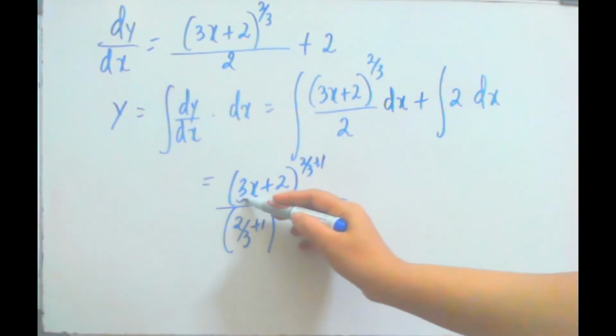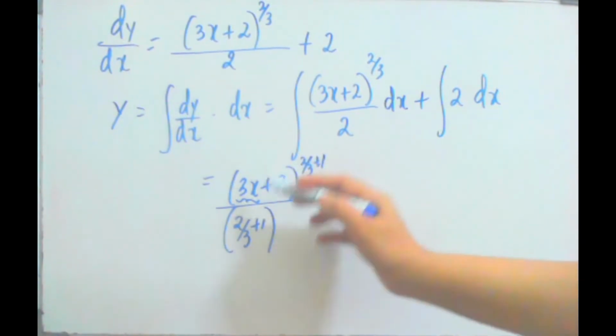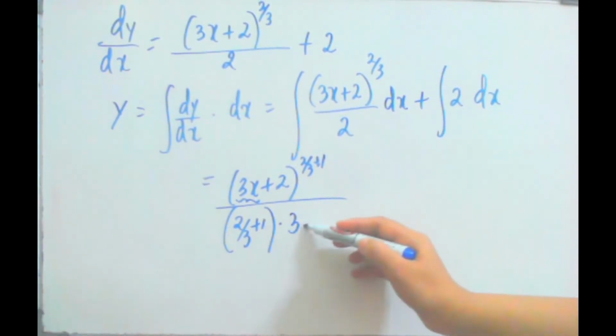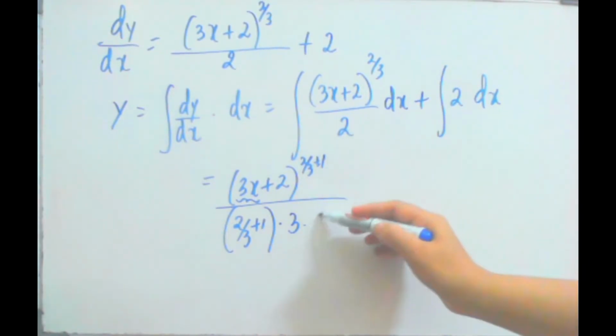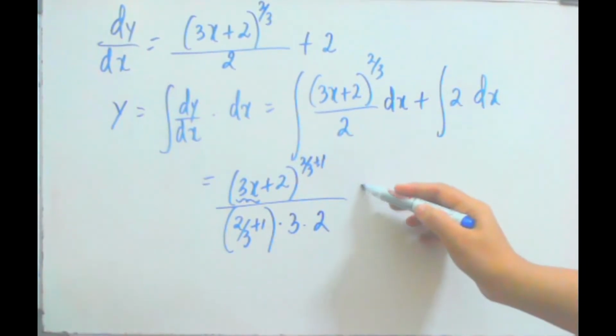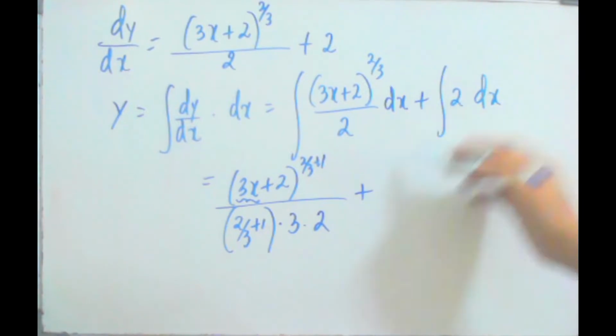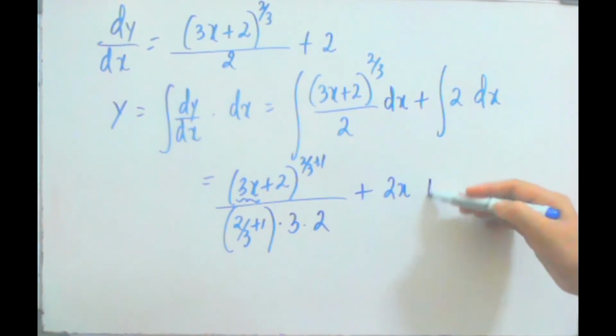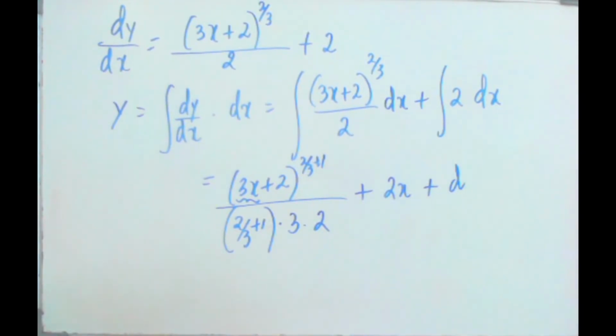Then the differentiation of the term containing x: when you differentiate 3x, what we get is 3, which goes in the denominator, then this number 2 here, plus, when you integrate a constant you have to introduce an x with it, so it becomes 2x plus a new integration constant, let us call it d.